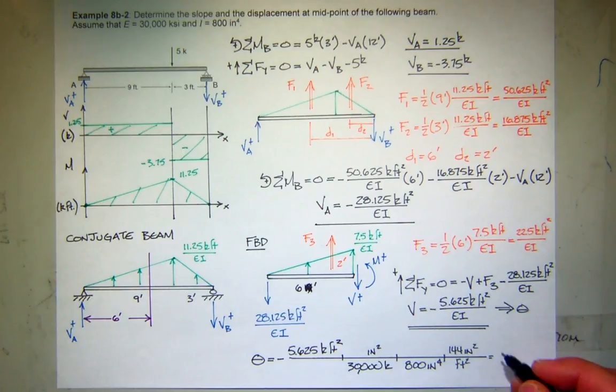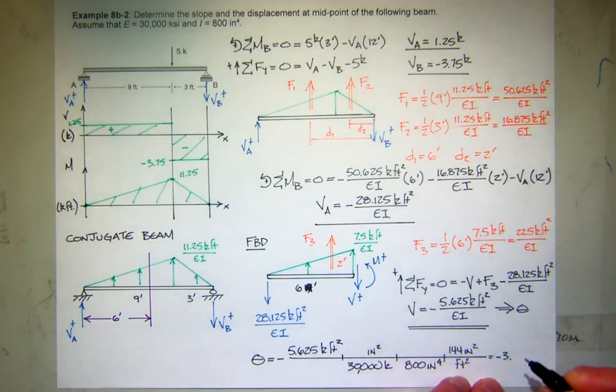This is going to be a really small number. I think it's like 3 zeros or 4 zeros and a 7, I'm guessing. What do you guys get? 3.375 times 10 to the negative 5.